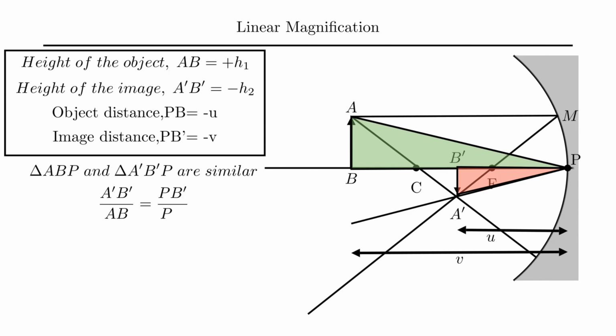So, the ratio of A'B' to AB equals the ratio of PB' to PB. Putting the corresponding values, we get -h2/h1 = -v/-u. On simplification, we have -h2/h1 = v/u. Since h2/h1 equals m, therefore m = -v/u.